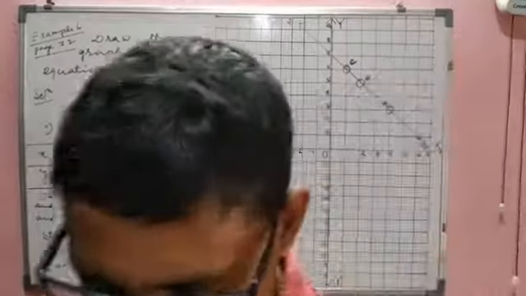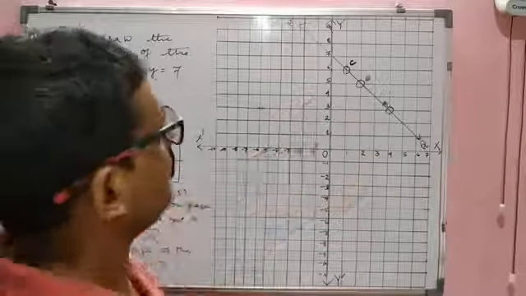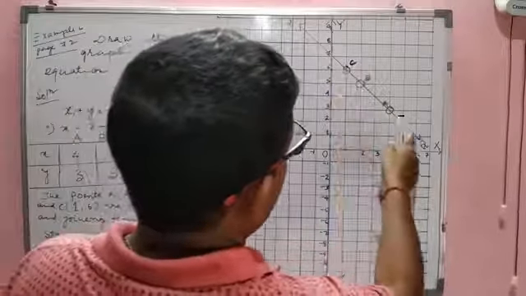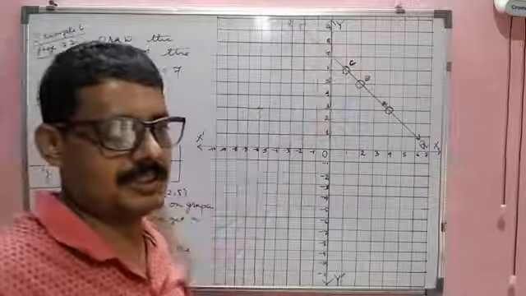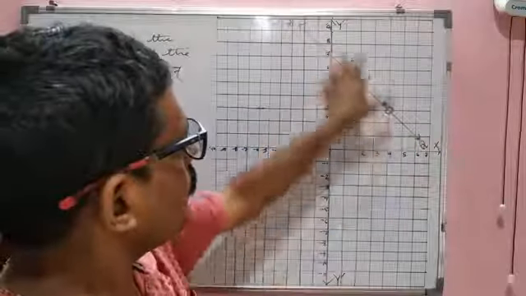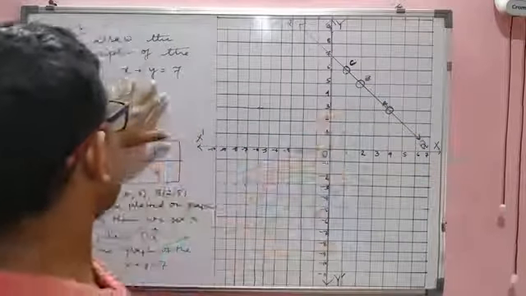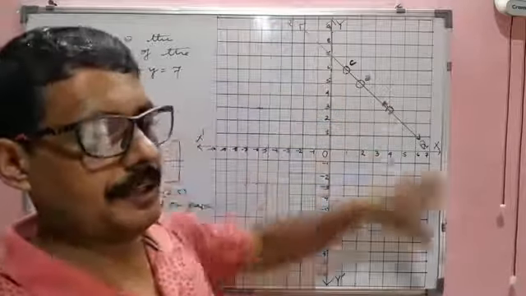Thus we have seen that when we plot all these 3 points on the graph, the points are always collinear. That is, they lie on the same straight line. And this straight line is named as PQ. So PQ represents the graphical representation of this equation in a Cartesian plane.